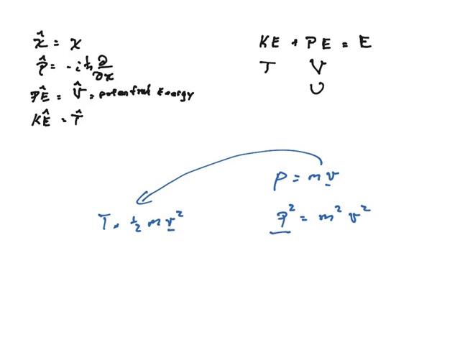So if I divide p squared by m, then I now have m times v squared. That's really close. The only little thing left is this 1/2 sitting here. So if I divide p squared by 2, then this becomes 1/2 mv squared.